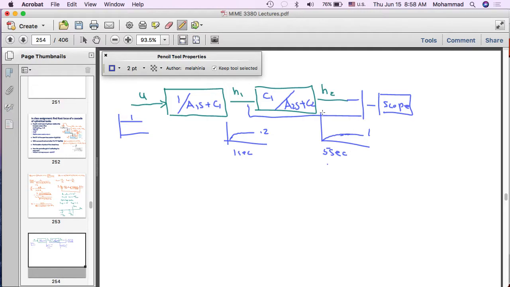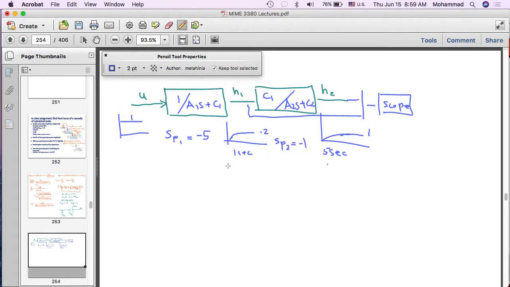If you look closely, the pole for the first transfer function is at minus C1 over A1. So the pole associated with the first transfer function is located at -5. The pole associated with the second transfer function is at -1.